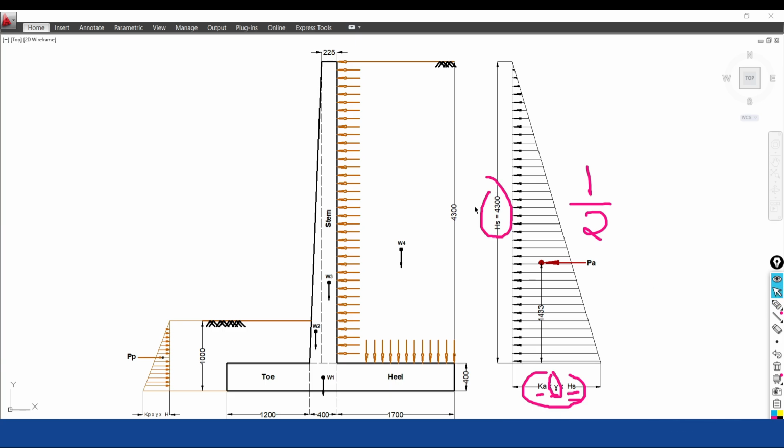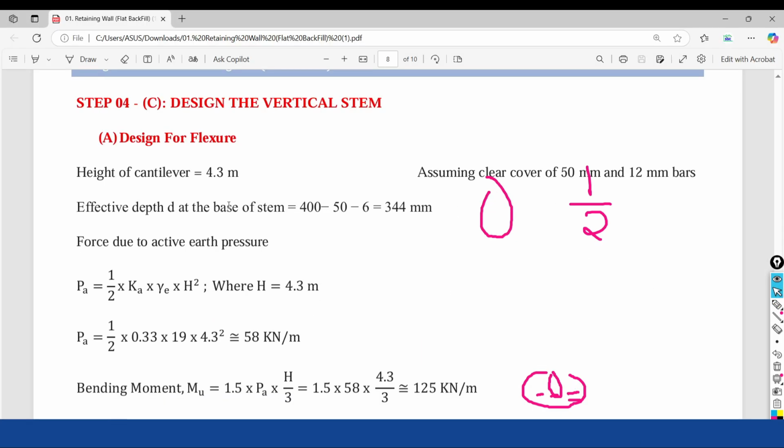So I am going to write here 1 by 2 Ka, density of your soil multiplied by h. Again you have to multiply with the height h, so that is going to become h square. The total height of the stem is 4.3 meter. You have to put all the values here. After putting all the values, we will come to know the value of this PA as 58 kilonewton per running meter of your retaining wall.